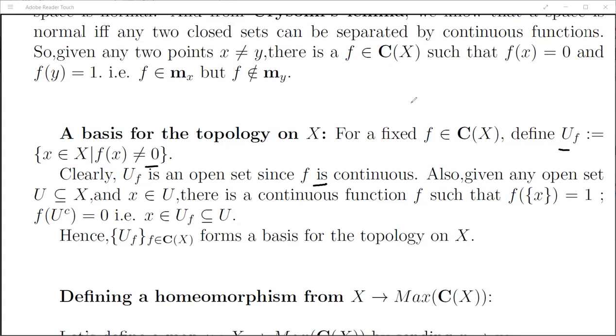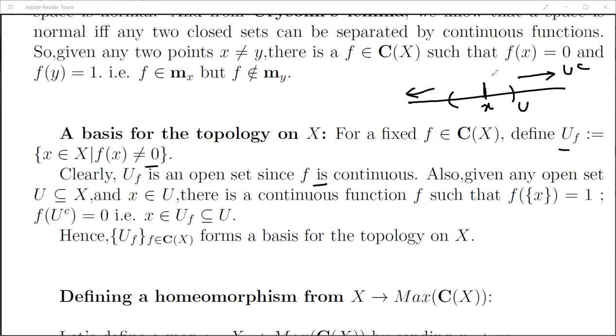So now what happens is that you take a point X in the space X, and then you look at some open neighborhood U of this. Then you know that U complement is a closed set, and this singleton X is also a closed set.